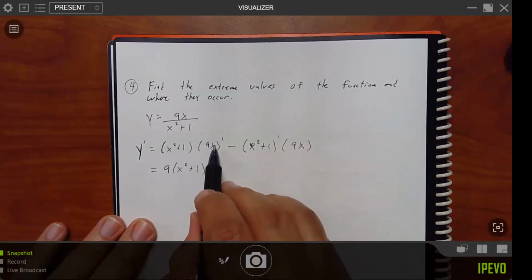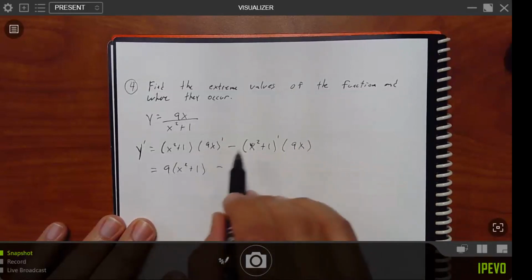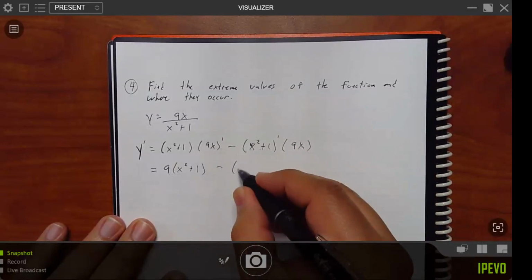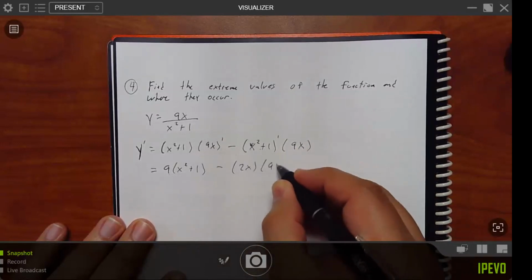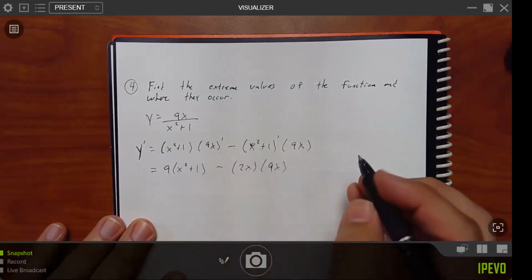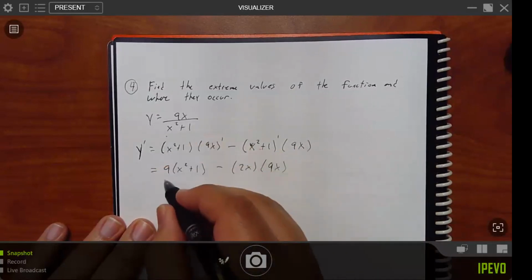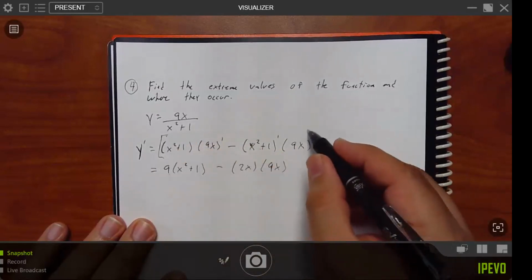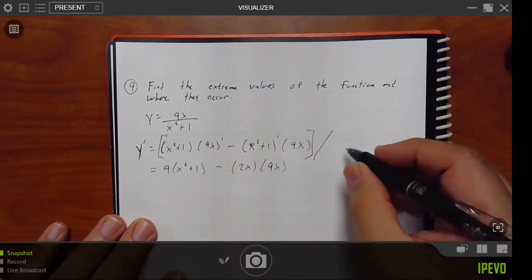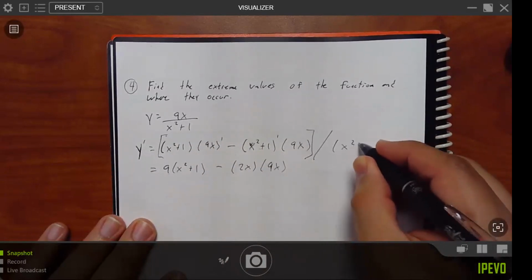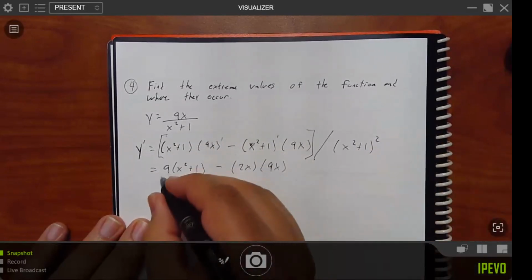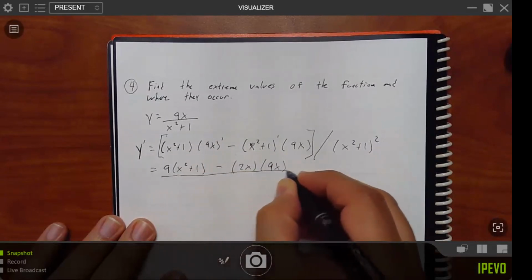Derivative of this is a 9. There it is. Derivative of this will be 2x times 9x. I forgot to put the denominator. Is that okay?